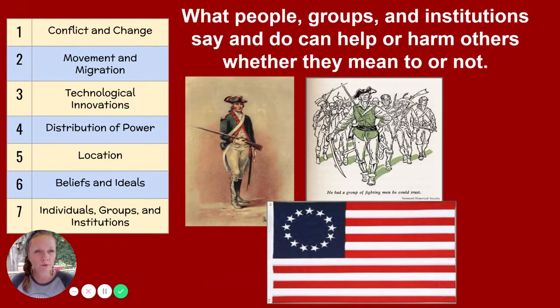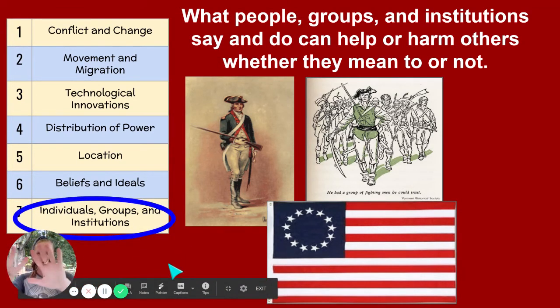What people, groups, and institutions say and do can help or harm others, whether they mean to or not. All right, put up your final answer. How many fingers are you going to choose? If you held up 7 fingers for individuals, groups, and institutions, I agree with you.